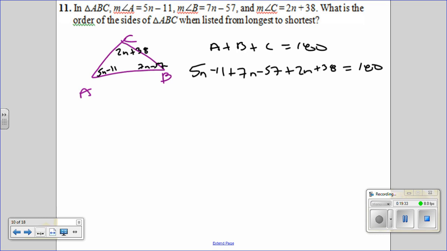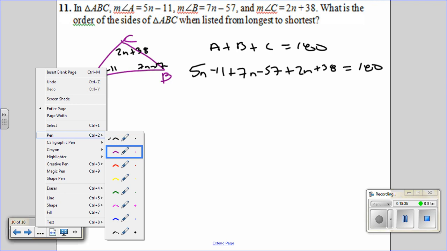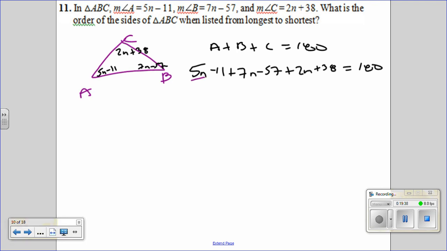So now let's combine our like terms. 5n plus 7n is 12n, plus 2n is 14n. Negative 11 minus 57 is a negative 68, plus a positive 38 should be a negative 30, sorry. But let me double check.